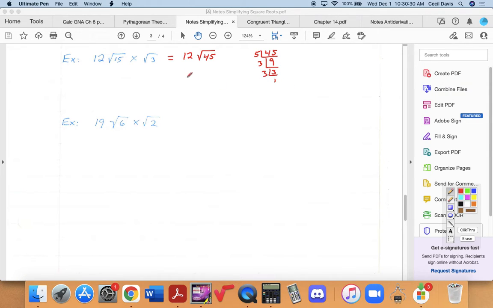That'll be 3 and 1. So I've got 12. And I'm going to put the two that are alike first, the square root of 3 times the square root of 3, and I'll group those together. And a square root of 5. So it's 12 times 3 times the square root of 5, which is 36 square roots of 5.